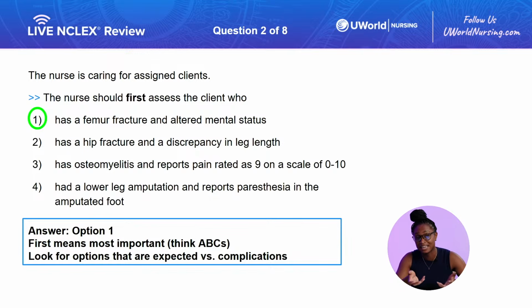Unfortunately, yes, pain is something that we need to assess, but it doesn't go as high as someone with a fat embolism and altered mental status. And then option 4 had a lower leg amputation and reports paresthesia in the amputated foot. This is unfortunately something that can be expected.